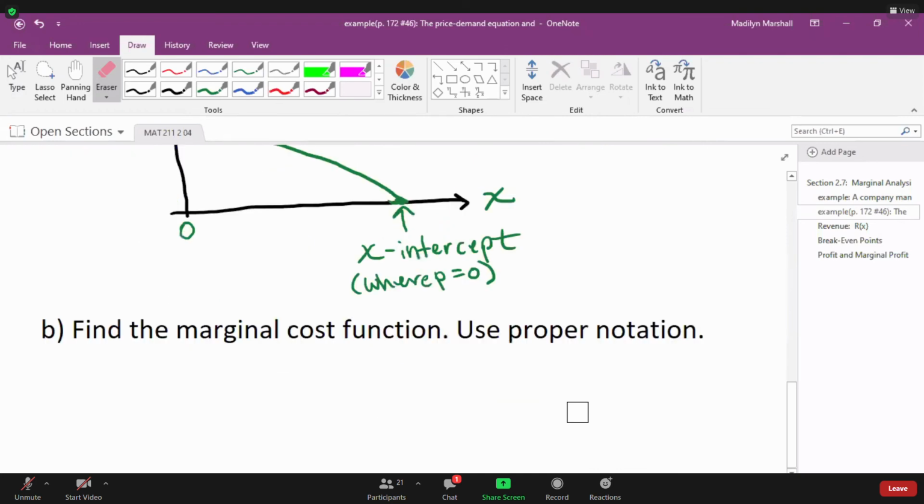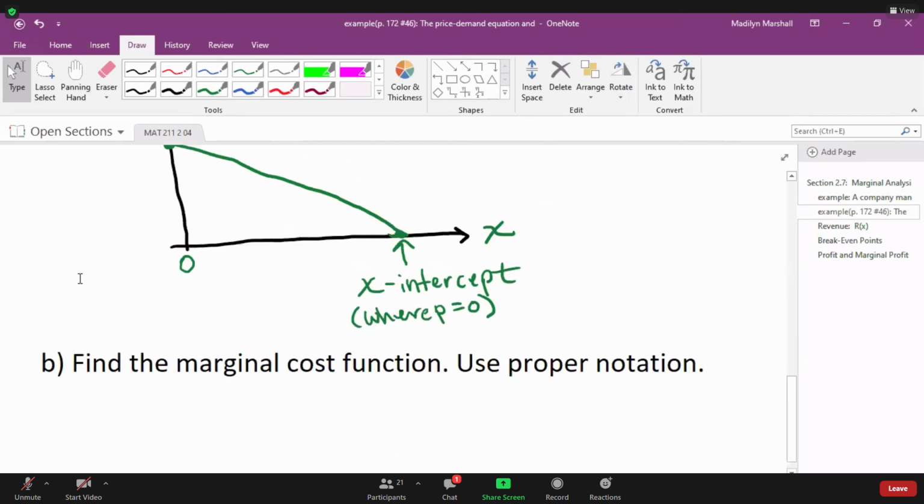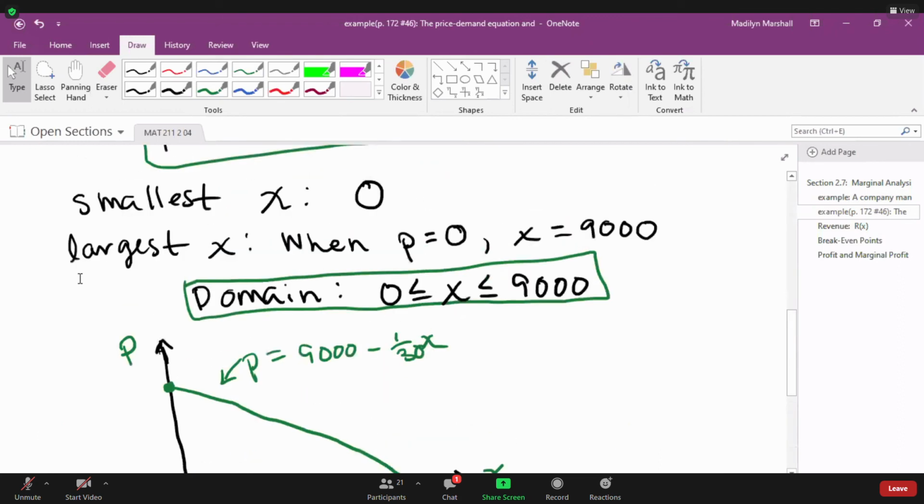So our next question is to find the marginal cost function and use proper notation. So our cost, I'm going to go up here.